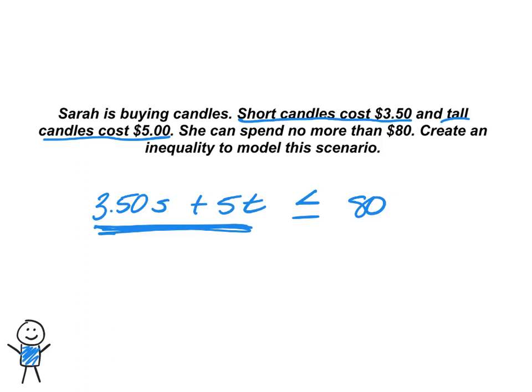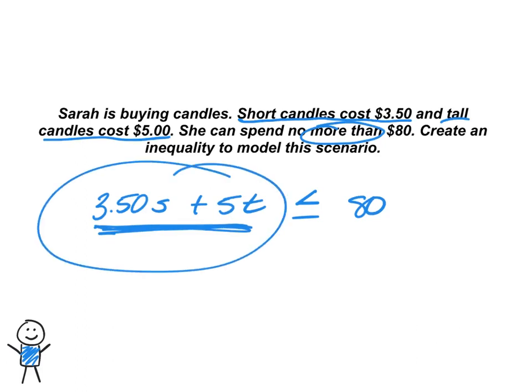Hence, she can't spend any more, no more than 80. A lot of times people just see the more than and they think, oh, that means greater than. Well, be careful. This one says no more than 80, meaning 80 is the max limit that we can spend, and this amount has to be less than or equal to 80.